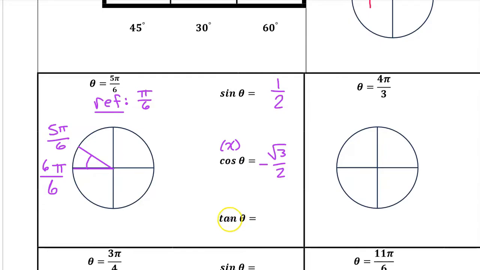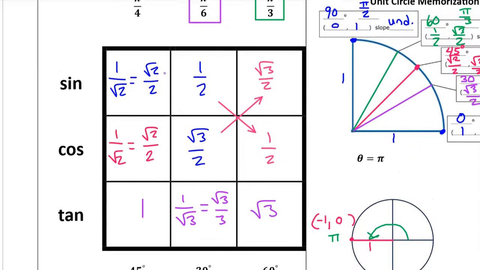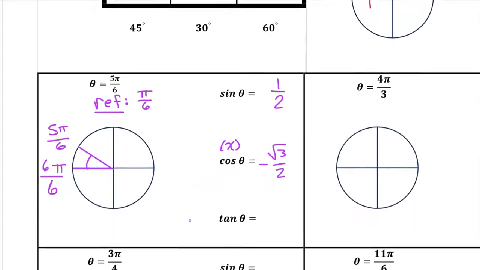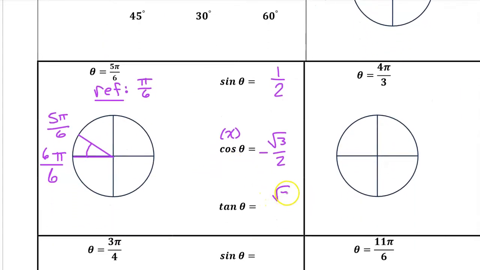To evaluate the tangent of 5 pi over 6, begin with the tangent of pi over 6. The tangent of pi over 6 is radical 3 over 3, or 1 over radical 3. So write that down, radical 3 over 3.